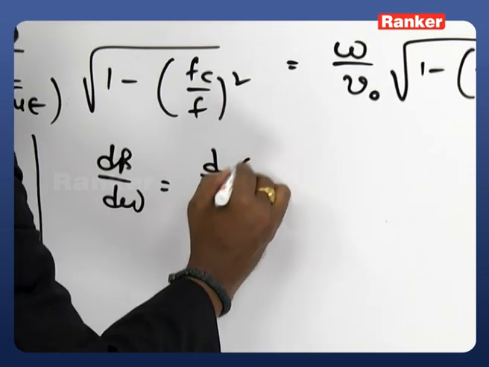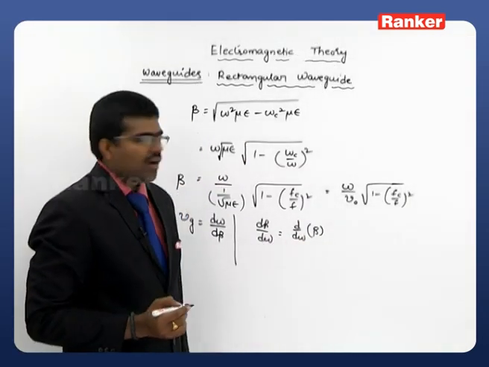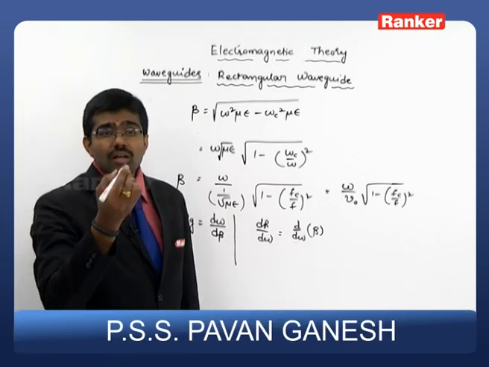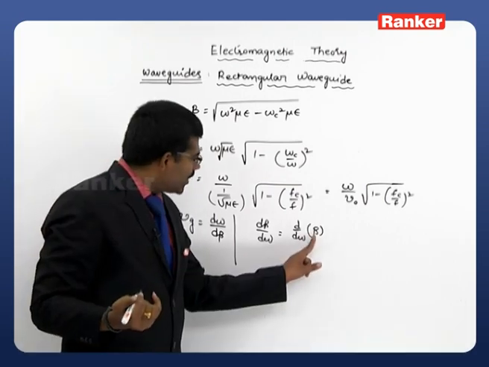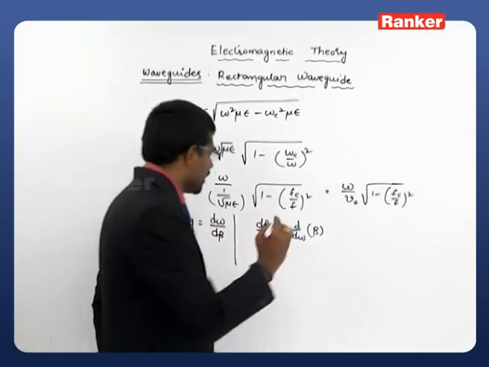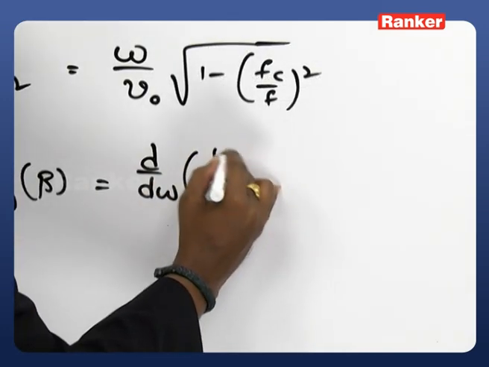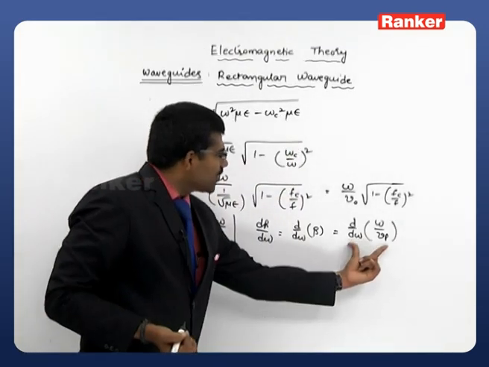So d beta by d omega is equal to d by d omega of beta. Now what is the relation between the phase velocity and beta? Already we have a relation: phase velocity is equal to omega by beta. Therefore beta is equal to omega by phase velocity. So I will replace beta with omega by phase velocity, which is d by d omega of omega by phase velocity. Now try to get the differentiation of this.